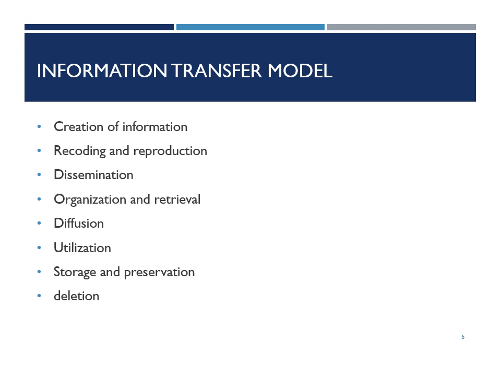We discussed the information transfer model in the beginning of this class. Let's review the elements of information transfer. Those are first, creation of information, recording and reproduction, dissemination, organization and retrieval, diffusion, utilization, storage and preservation, and deletion.